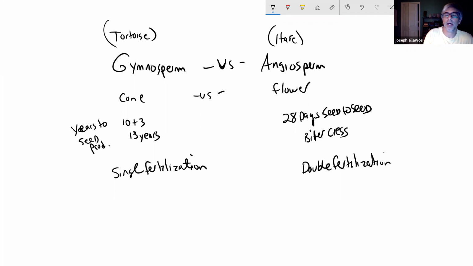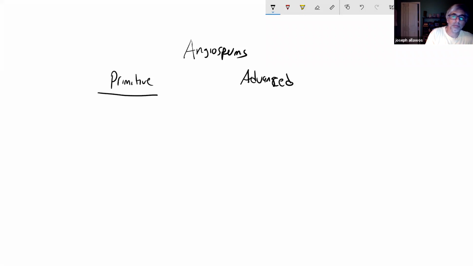Now, if we think about the angiosperms specifically, and we think about primitive to advanced in terms of evolution, in other words, what are considered more evolutionary primitive and more evolutionary advanced traits within the flowering plants?